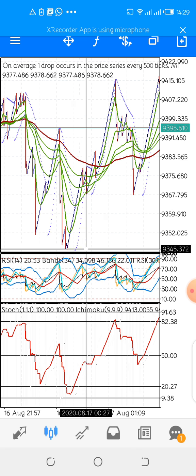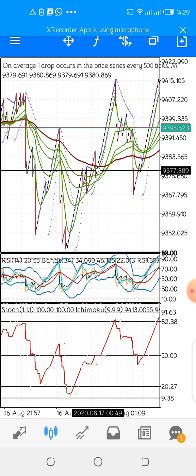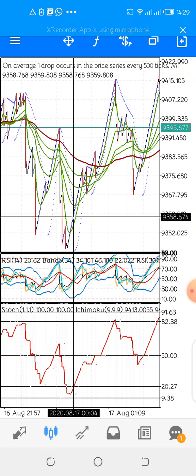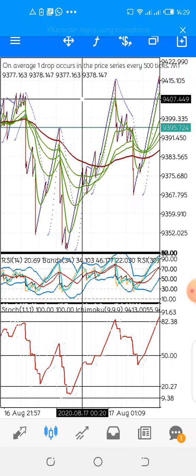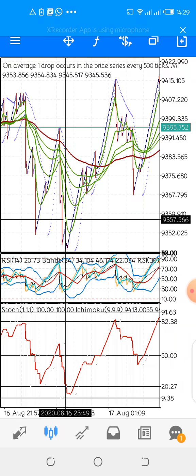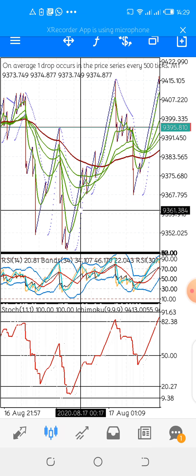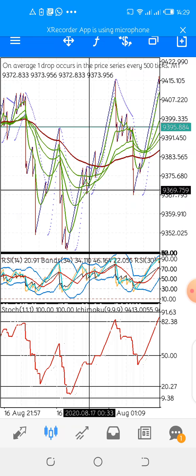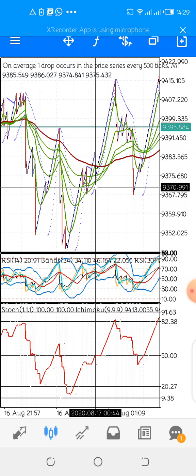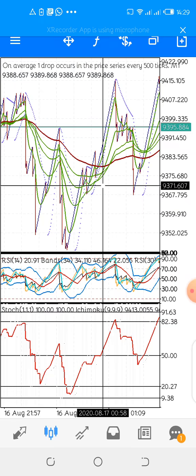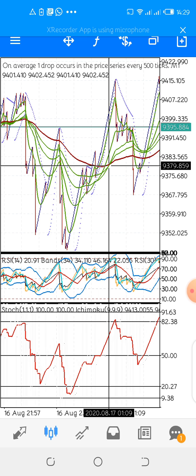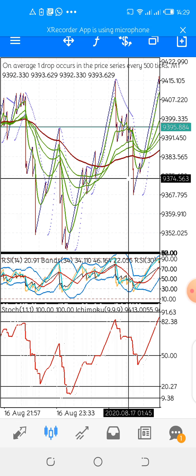This point here, I would not even try to trade the reversal. Why? I'm not so sure how far it will go back. And when you see how we are crossing the moving averages, we are crossing in sequence. It's around only this point that we had crossed almost all of them, but the last crossover happened around here, and immediately after that it just went a bit and then crashed down again.